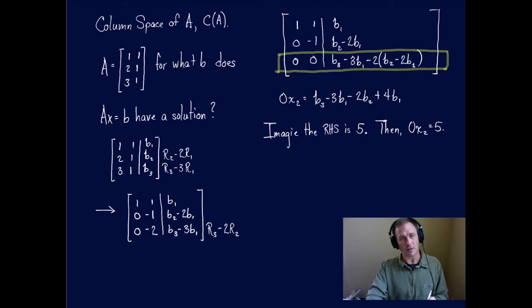Well, that's a problem because it doesn't matter what number x2 is. There's no way that 0 times that number is 5. As a matter of fact, this is a false statement. Look at what it really says. 0 times any number is 0. This says that 0 equals 5, which is false. What does that mean? That means that there's no solution.